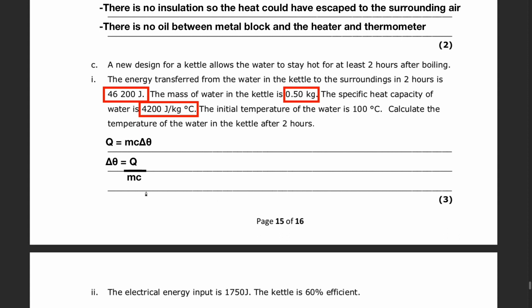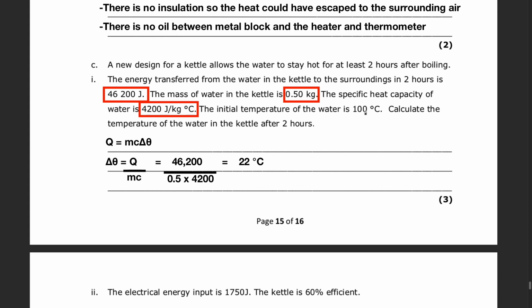So plugging in all these values, we get 46,200 divided by 0.5 multiplied by 4,200, and that gives us 22 degrees Celsius. Now, we have been told that the initial temperature of the water was 100 degrees Celsius. And as we know, as time passes, the temperature of water in a kettle is going to decrease.